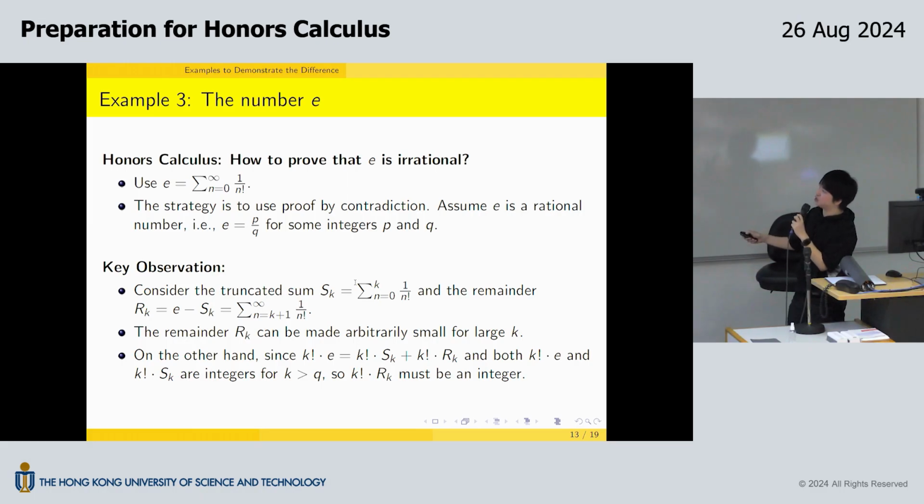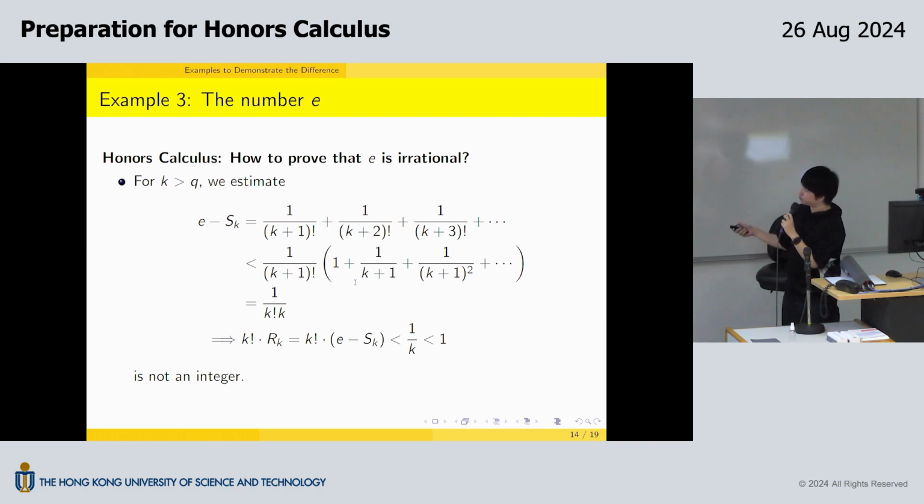And lastly, you need to observe that K factorial times the remainder must be an integer by the assumption. Okay. All right, so this is the kind of proof you expect to see, or you're expected to do in honor calculus.